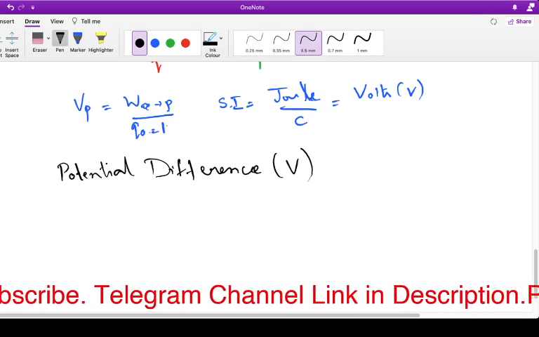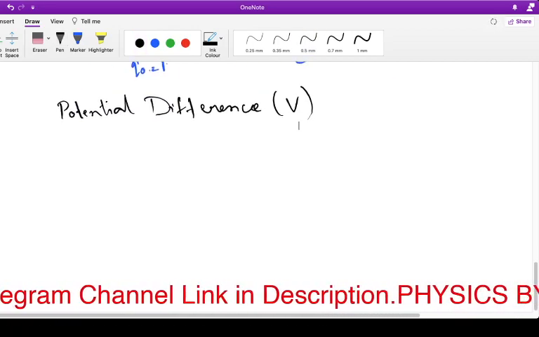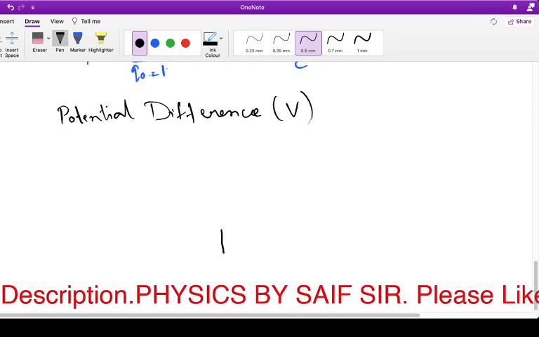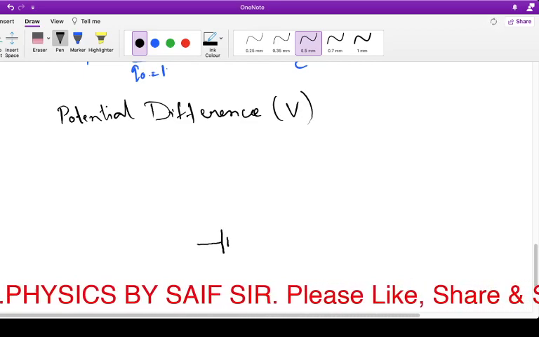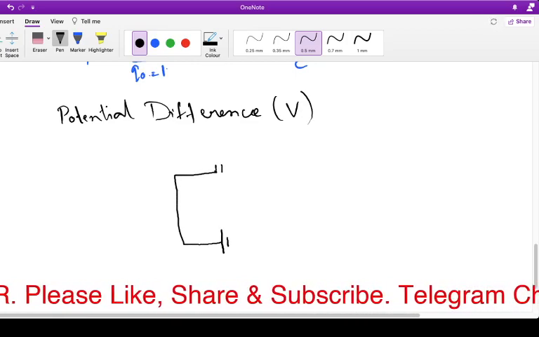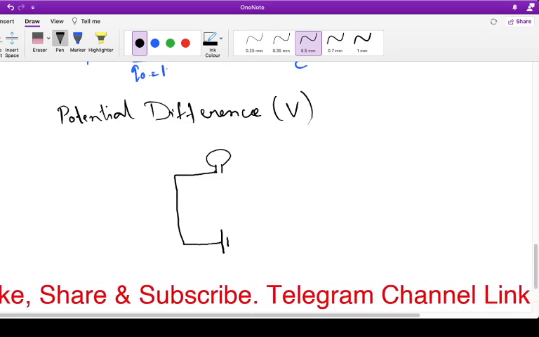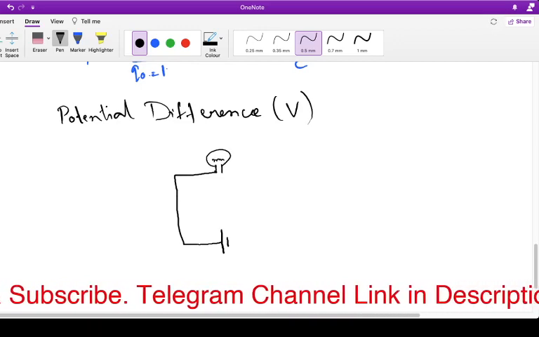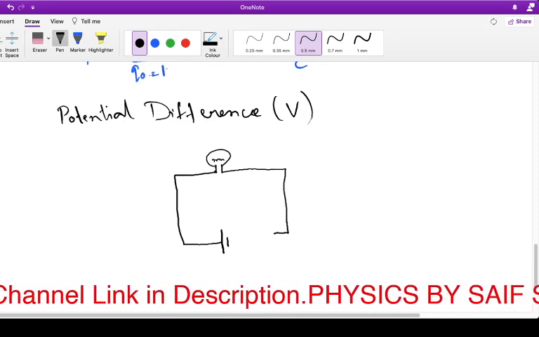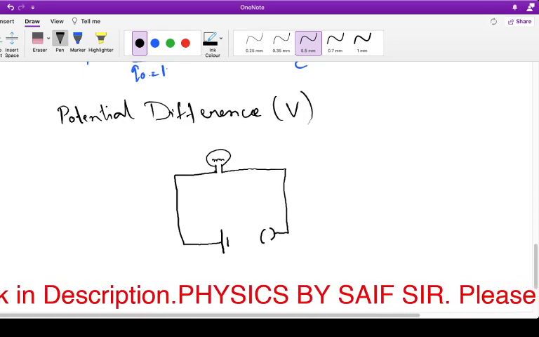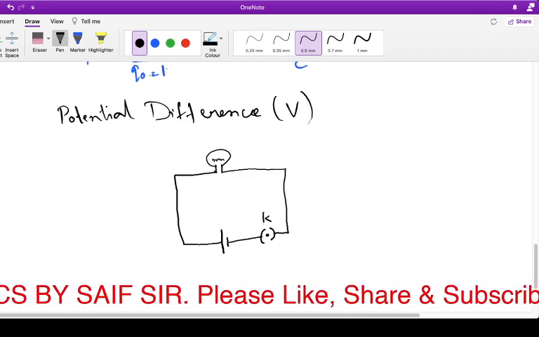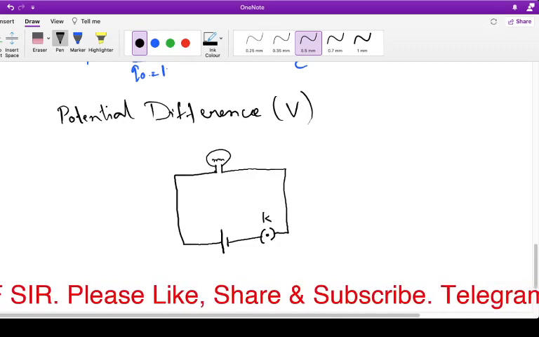To understand this one, we'll draw a circuit here. This is a basic circuit.